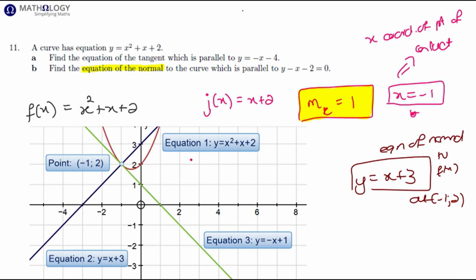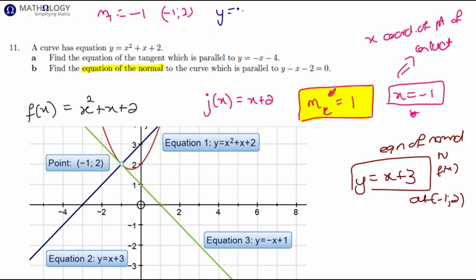Then we can verify that the equation of the tangent is y equals minus x plus 1. And the gradient of the normal is 1. So the gradient of the tangent is negative 1. Point of contact is minus 1, 2.